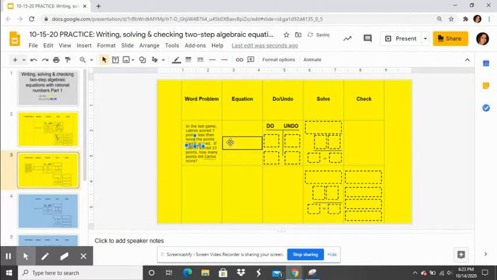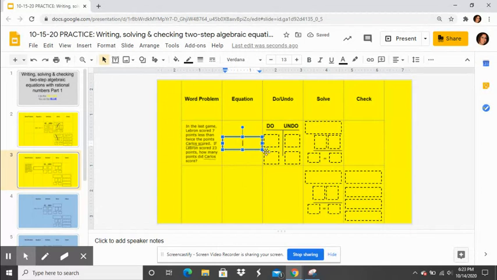Okay, so when I write my equation, LeBron scored twice, so twice is 2 times, let's say x for Carlos, less than is minus 7, and then equals 23.